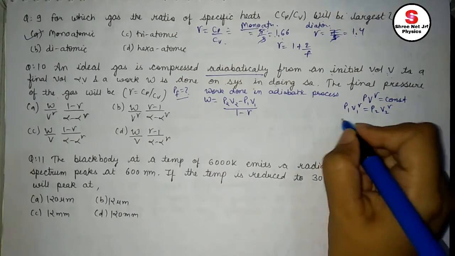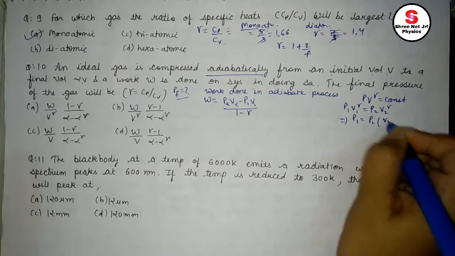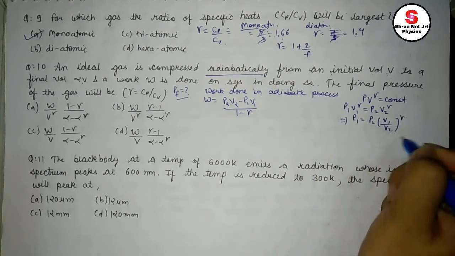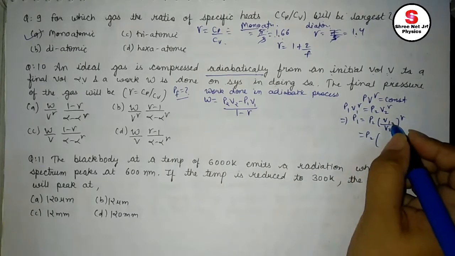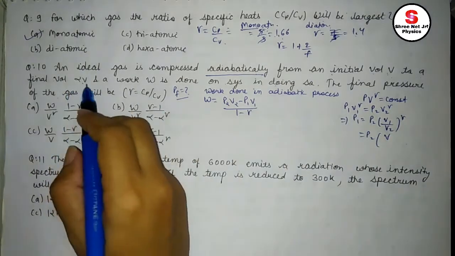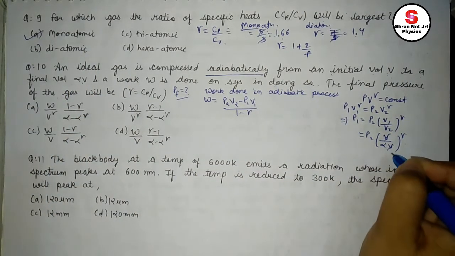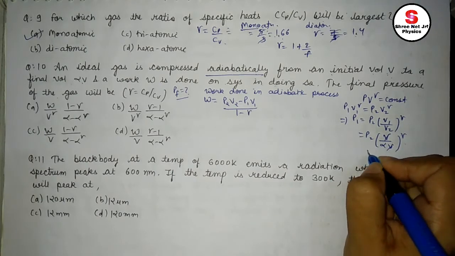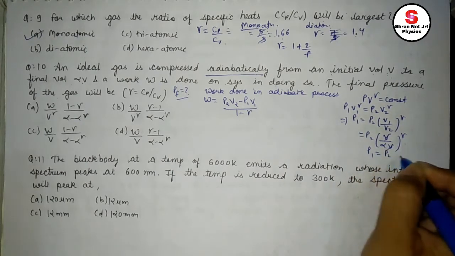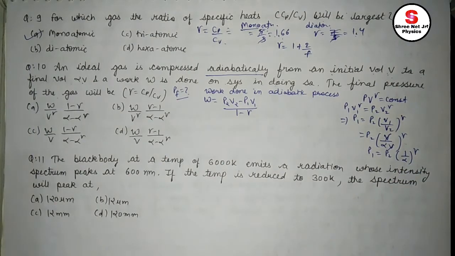Using this relation, I can write P1 equals P2 times V2 by V1 to the power gamma. V1, the initial volume, is V, and V2, the final volume, is alpha V. The V cancels out.